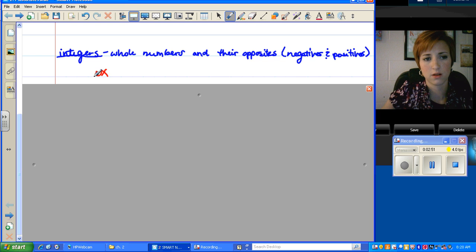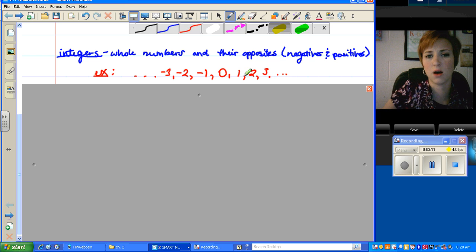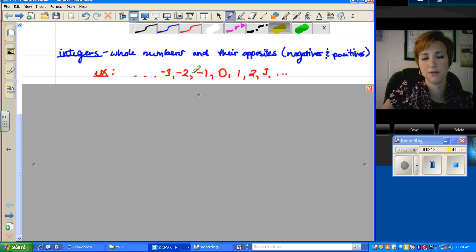So if I go on like I have been doing, I will start with the negative number, so it'll be dot, dot, dot, negative 3, negative 2, negative 1, 0, 1, 2, 3, dot, dot, dot. Because if you think about it, the opposite of positive 2 would be negative 2. So whole numbers and their opposites.